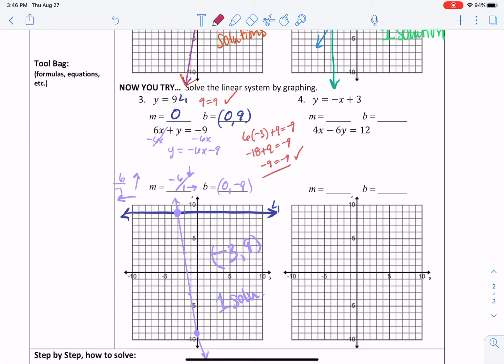So let's look at number 4. This is already in slope-intercept form, so I know that my slope is negative 1 over 1, and my intercept is 0, 3.